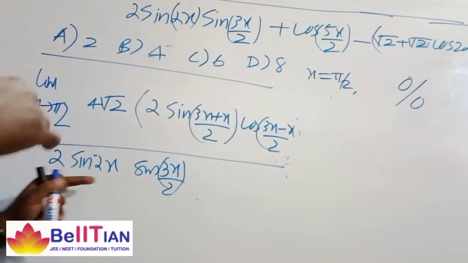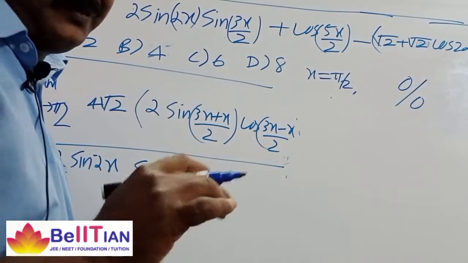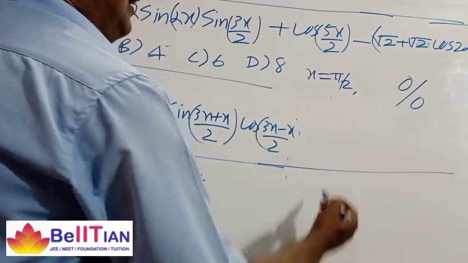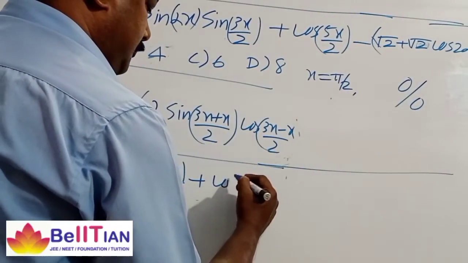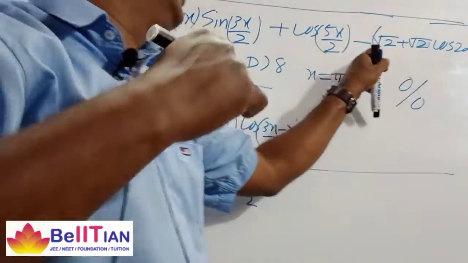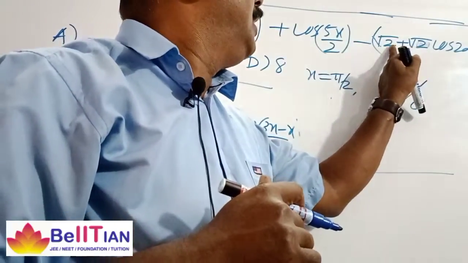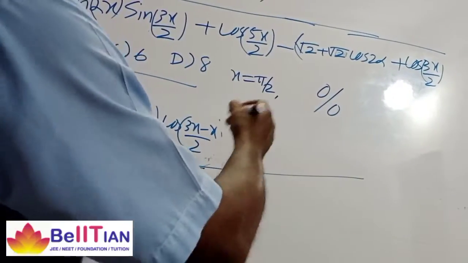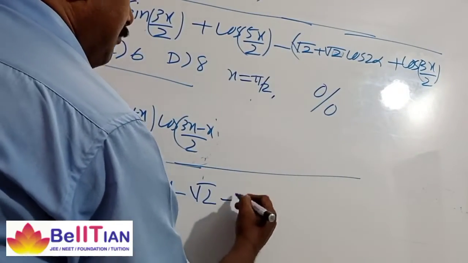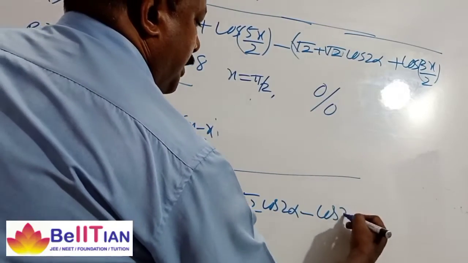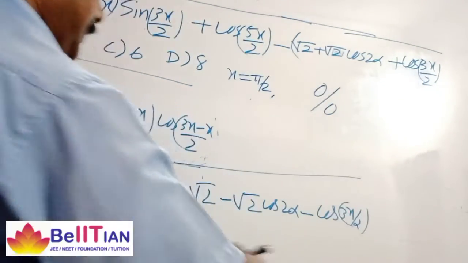For the time being, I keep these expressions as they are. Then plus, I now make a change in the denominator: cosine of 5x divided by 2 minus, and since this is minus of the terms in the bracket, it can be written as minus root 2 minus root 2 cos 2x minus cosine of 3x divided by 2.